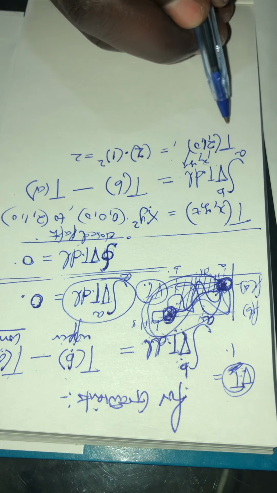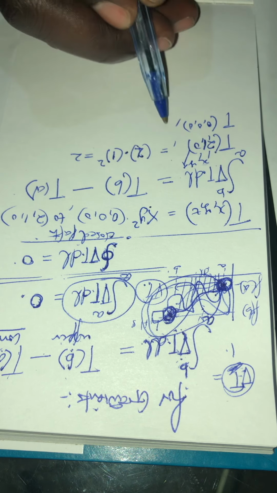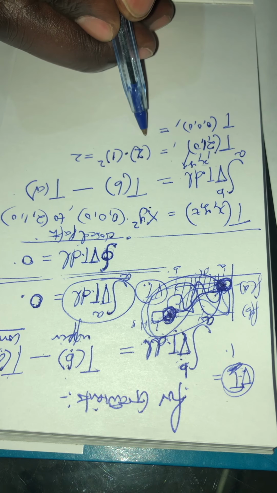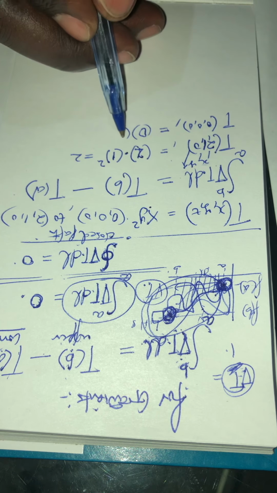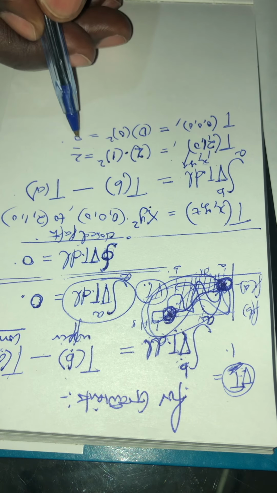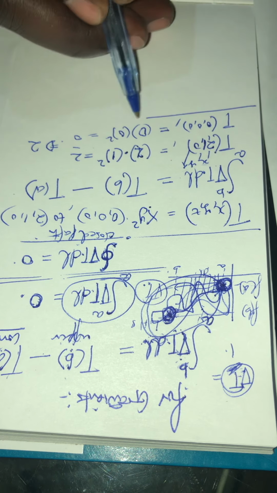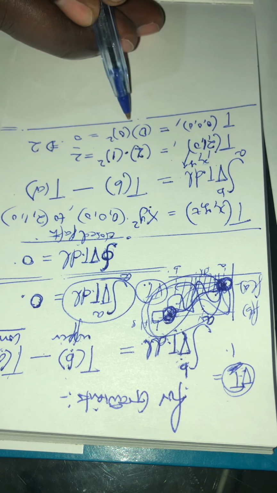This gives you 2. Now when you look at (0, 0, 0), x is 0, y is 0, so everything is 0. When you subtract 2 minus 0, this gives you 2.